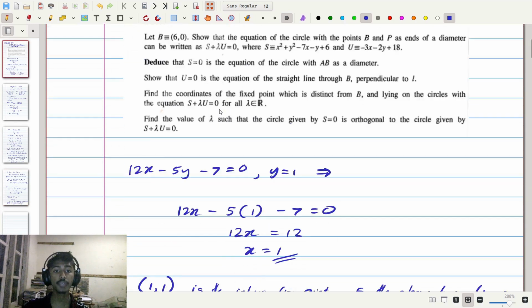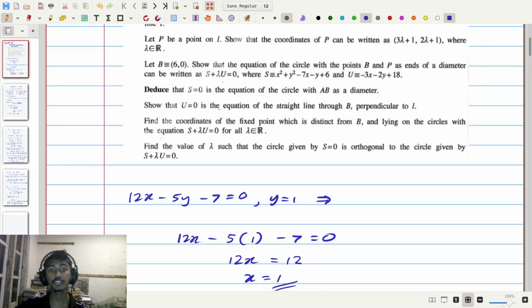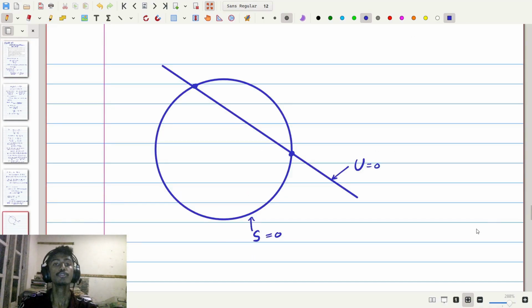Now we can move on to the second part of the question. The next part says, find the coordinates of the fixed point, distinct from B, lying on the circles with the equation s plus lambda u equals 0 for all lambda elements of the real numbers. For this part, we need the following knowledge on circles.